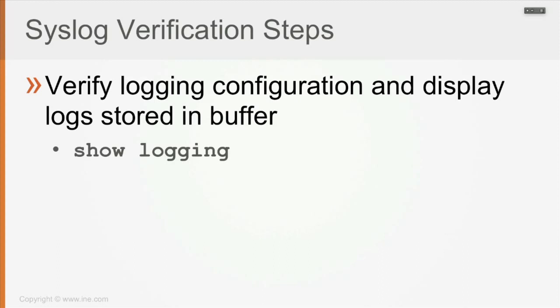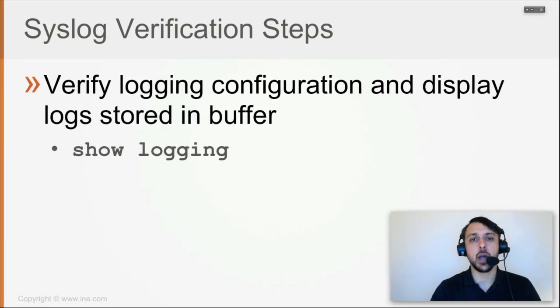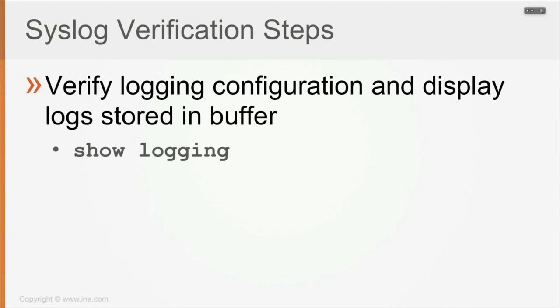Now the buffer is circular, so what that means is that if the buffer is configured to be a size of 1 megabyte, then if it gets full, the newly upcoming messages to be stored in the buffer are going to overwrite the oldest messages from the buffer. So it's a circular buffer. When it reaches its maximum capacity, the router is going to start deleting older messages to make room for newer messages in the buffer. That's why it's called circular.